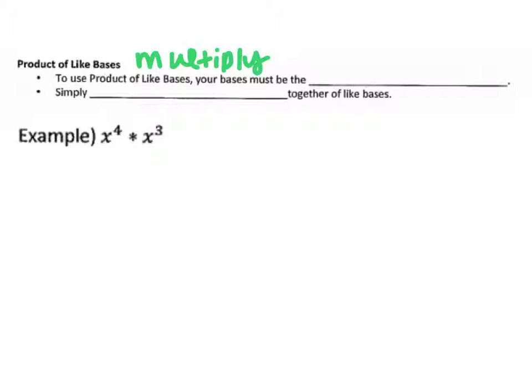To use the product of like bases, your bases must be the same variable or number, which is why we say like bases, it means the bases must be the same.